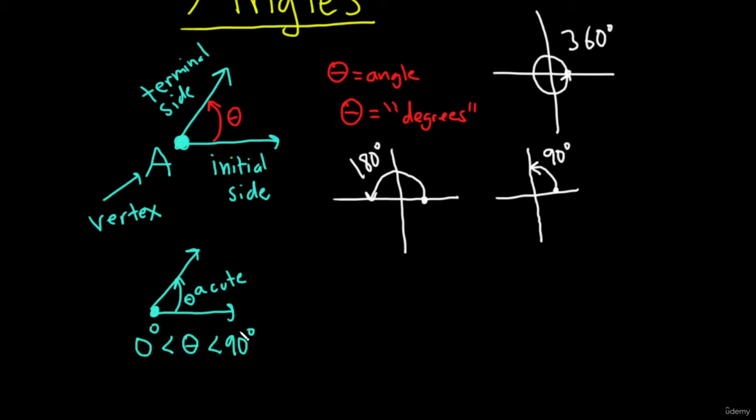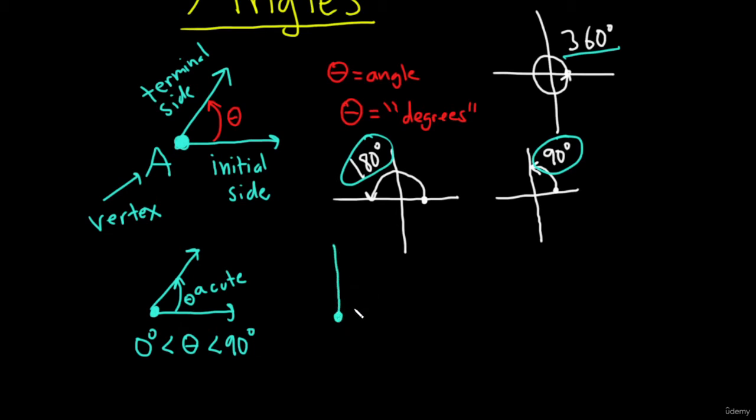So acute angles are the smaller angles. Let me go ahead and fix that. There we go. That's the degree symbol, by the way, this little o here. So this is read 180 degrees, 90 degrees, 360 degrees. It's a really important habit to get into, that whenever you're discussing an angle, always put the little degree symbol.